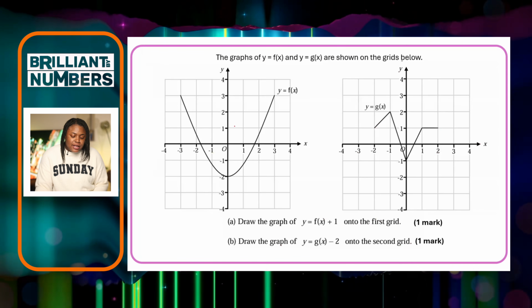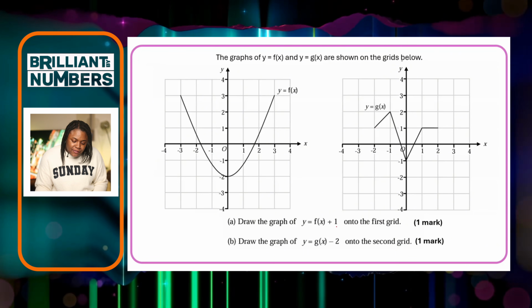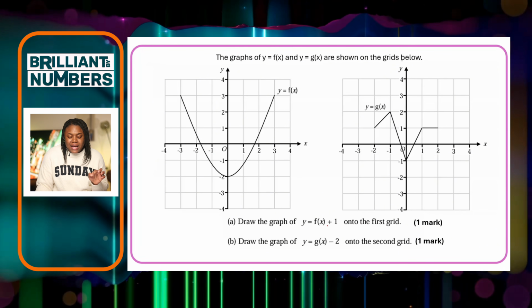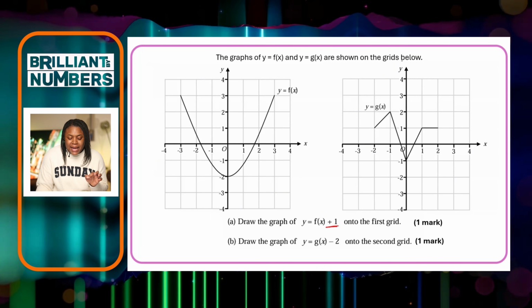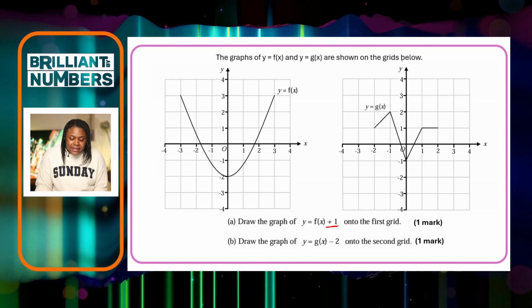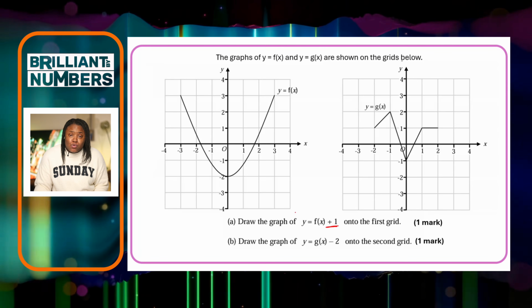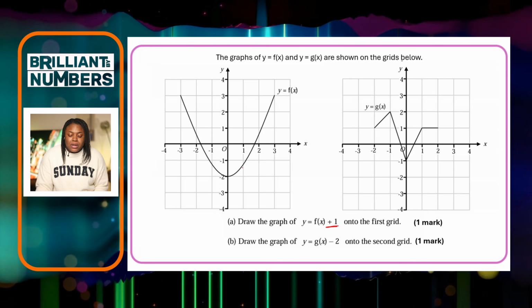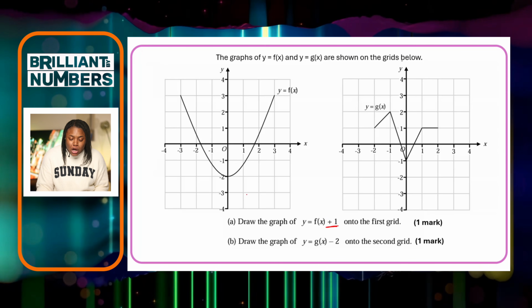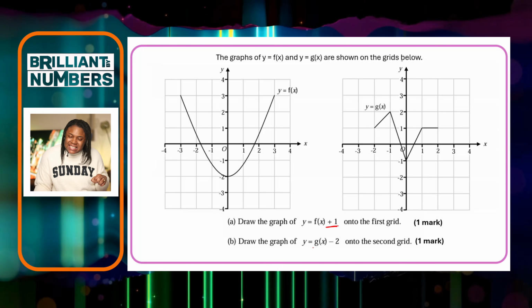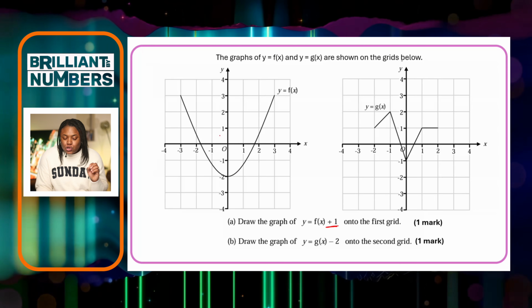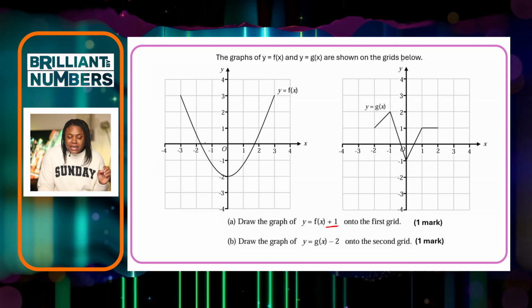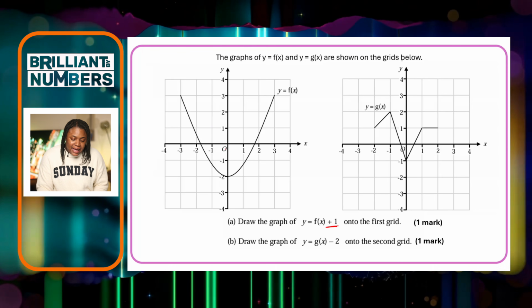Whenever we have a change outside of a bracket, the y is affected, so we are moving either up or down. If the change was inside the bracket, it would be the x coordinate, so it would be translating to the left or right, depending on what we have.